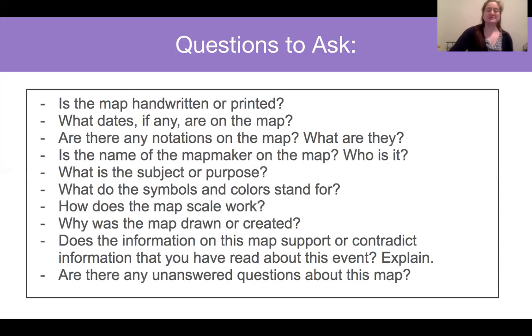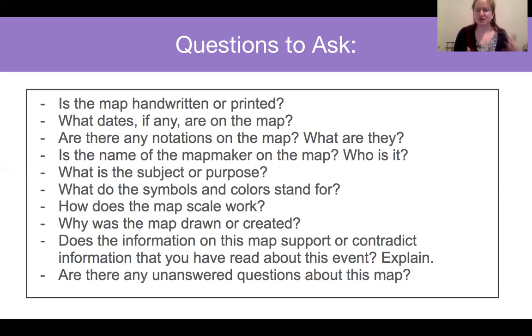So, is the map handwritten or printed? What dates, if any, are on the map? Are there any special notations on the map? What are they? What's the name of the map maker? Who is it? What's the purpose? What do the symbols and colors stand for? How does the map scale work? Why was the map drawn or created?